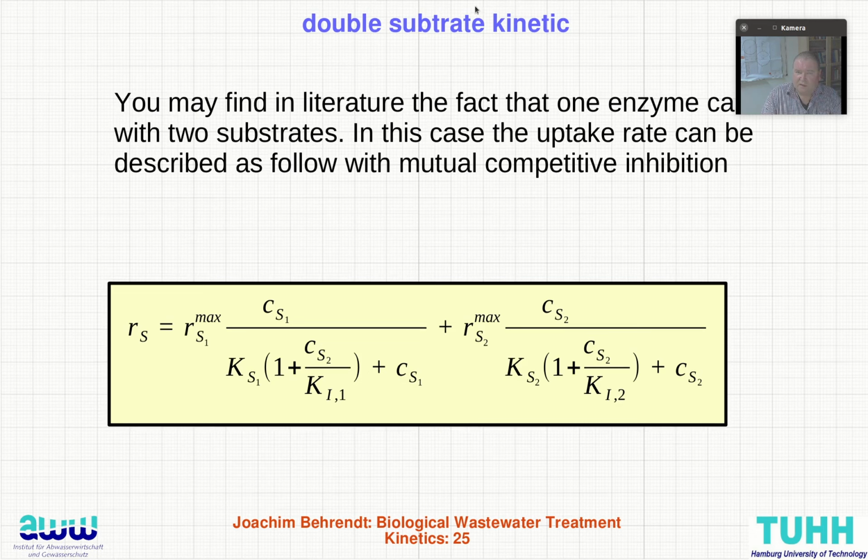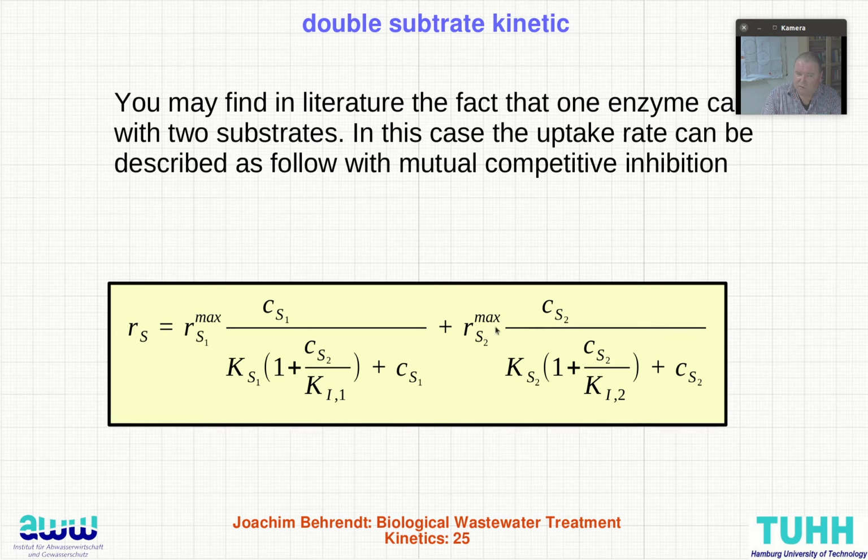There is another double substrate kinetic in the literature. Maybe you have a look. It could be the case that one enzyme can react with 2 components, and in this case the reaction is a little bit different. For example, if one enzyme can react with glucose and fructose, and there is a high concentration of glucose, then they work with the maximum uptake rate.